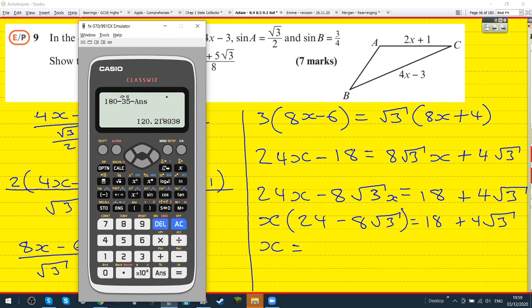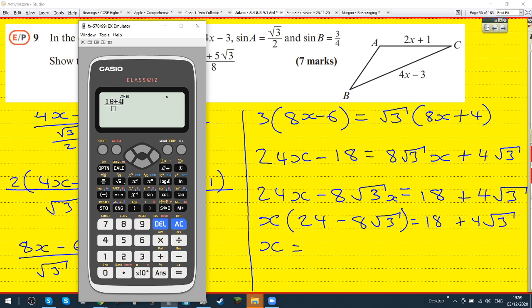At the moment, x is being multiplied by 24 minus 8 root 3. You're trying to get rid of times 24 minus 8 root 3. Divide by 24 minus 8 root 3. Divide both sides by the bracket.